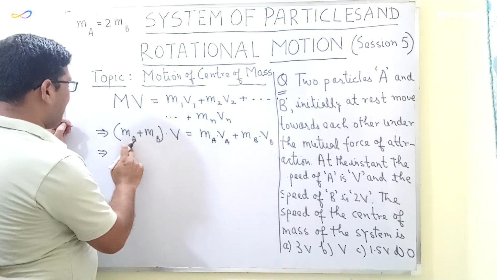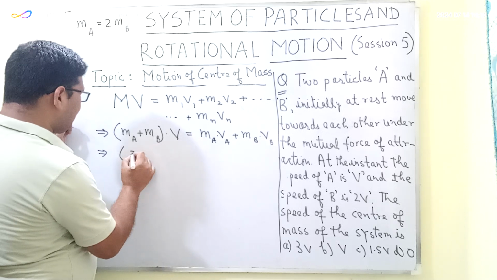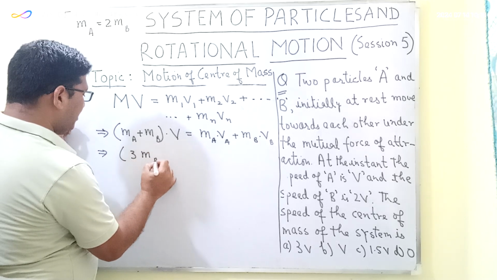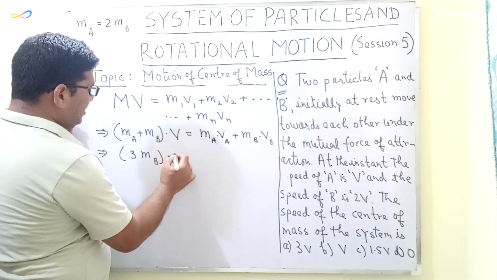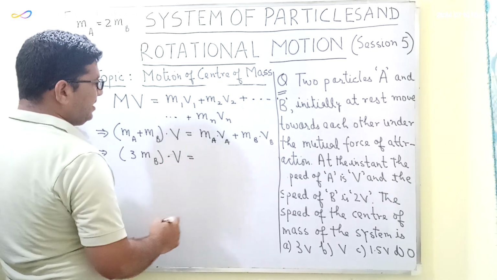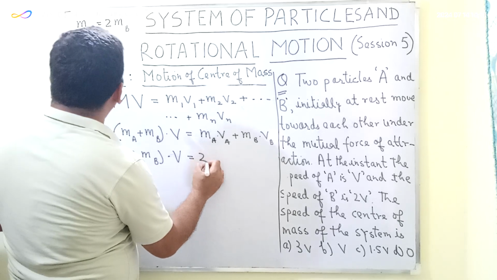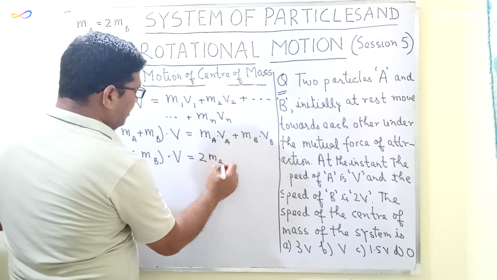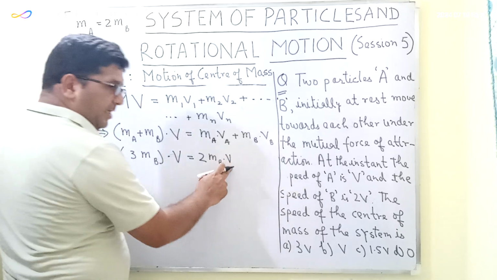So what I will be doing is I will be substituting the value of MA as 2mb. So this will be equal to 2mb plus mb, that is equal to 3mb. And 3mb into the velocity of the center of mass, and here ma is equal to 2 times mb. The velocity of the particle A is v, and I have taken it as positive.